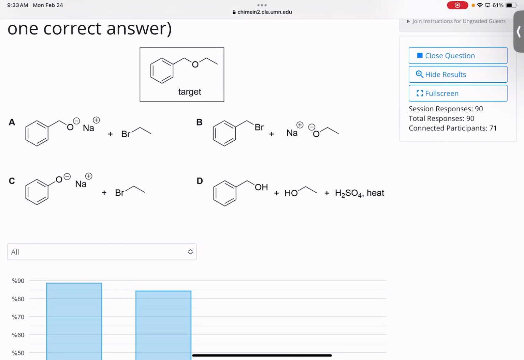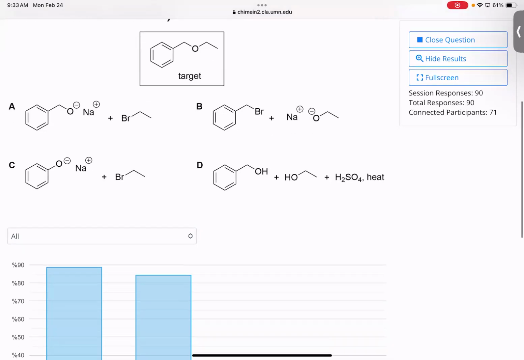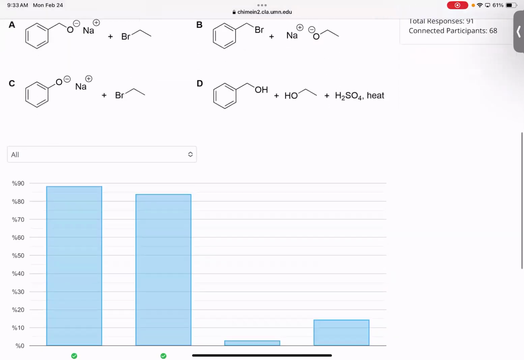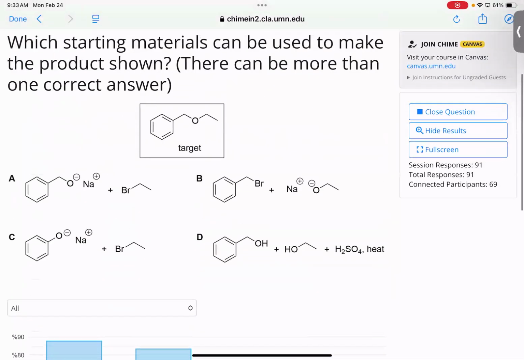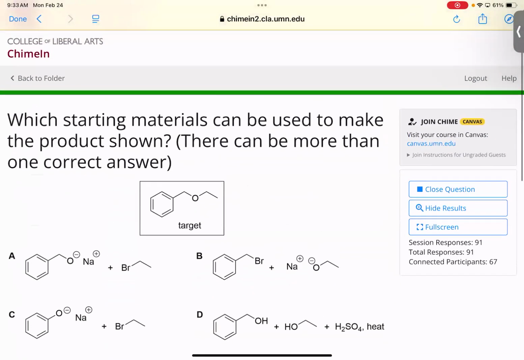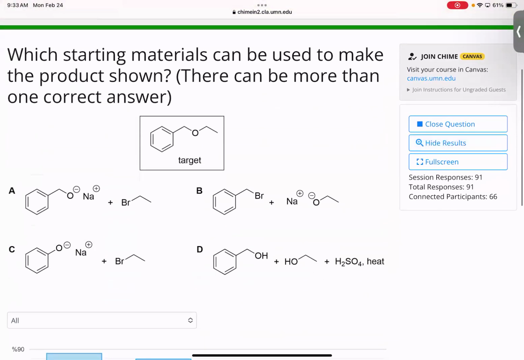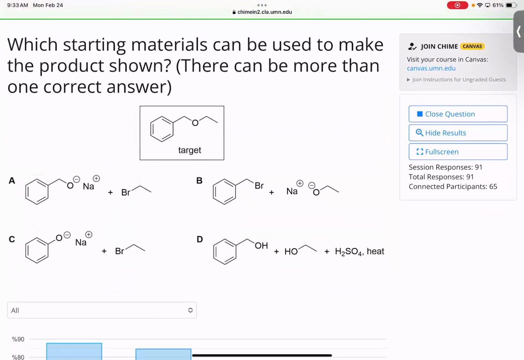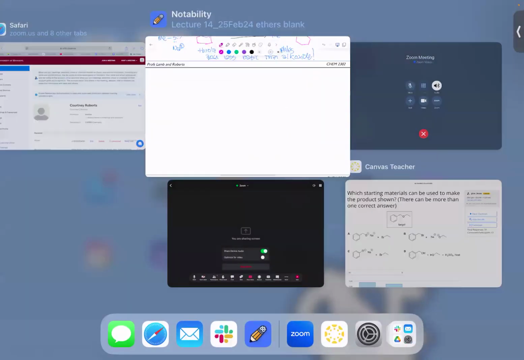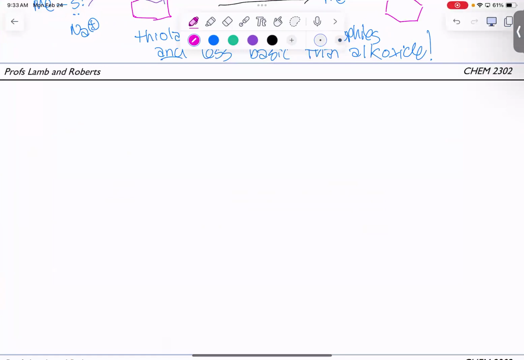It's not going to be a really nice uniform reaction. So that's why we don't like option D, but I see why people were thinking that. All right, looks like everyone's responded. If you didn't, then let me know after class. Okay, so let's go ahead and write that down for our time in.